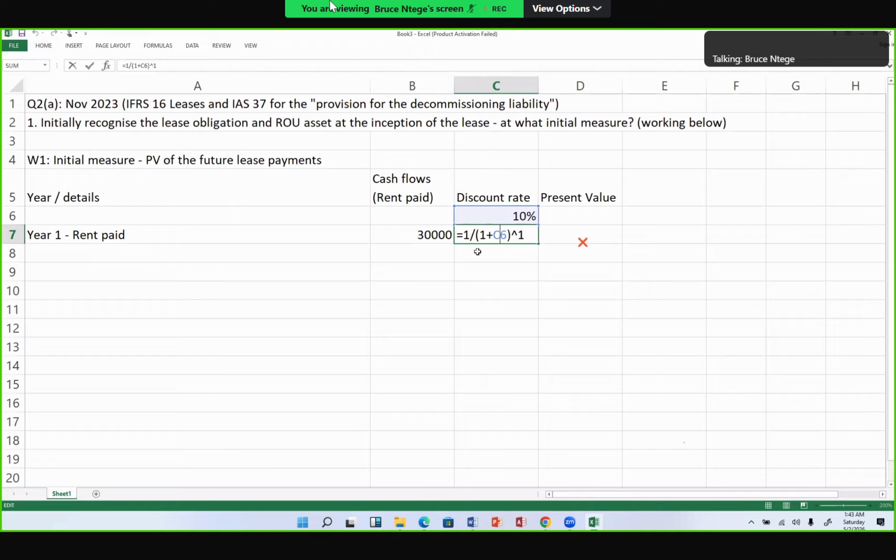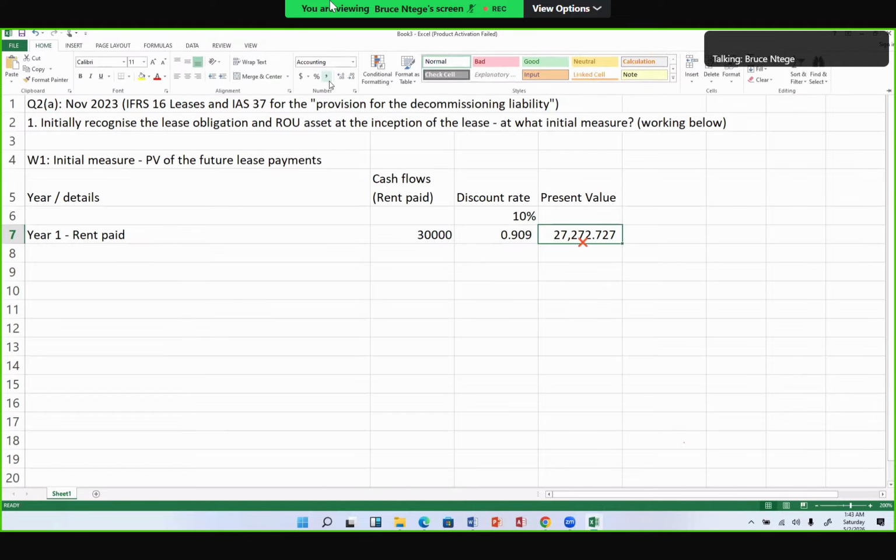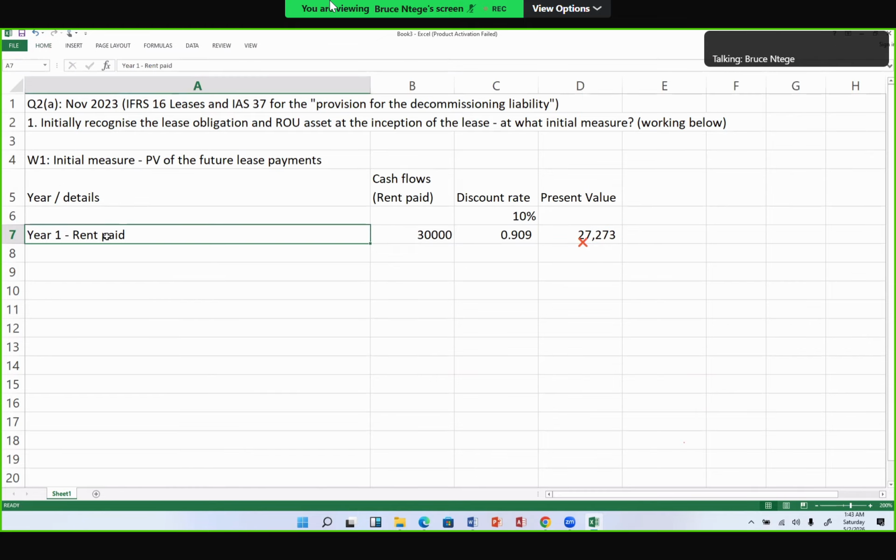Okay, fine. Then I'm able to get the present value of the future lease payments, which will be the 30,000 times that discount rate. If I round this off to 3 decimal places, at the end of year one, my present value for the rent of year one is 27,273. I'm going to run this for all the 6 years.